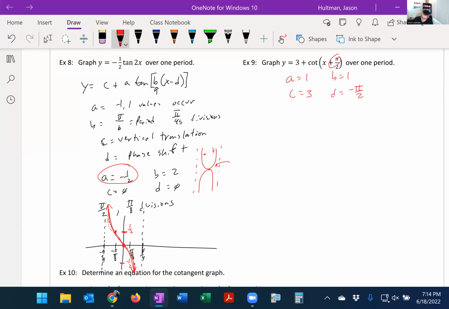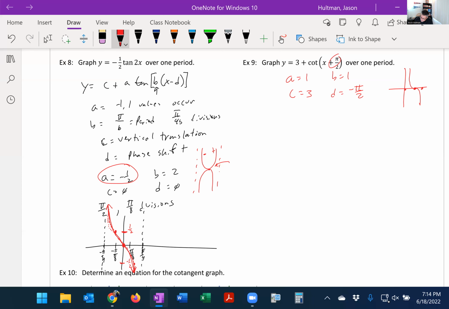Okay, so what does the cotangent look like? The original cotangent function starts at 0 and goes to pi, and it kind of looks like the tangent function reversed, the one that's reflected.